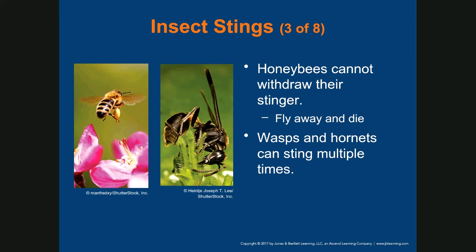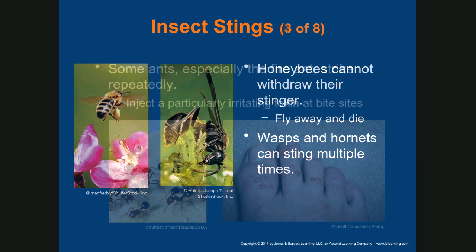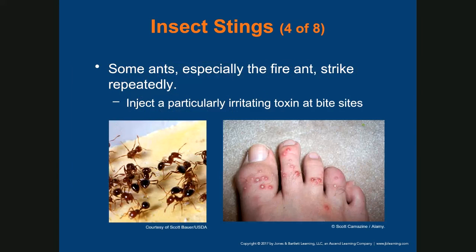Honeybees cannot withdraw their stinger, so they fly away and die after they sting you. Wasps and hornets can sting multiple times. Some ants, especially fire ants, strike repeatedly and inject a particularly irritating toxin at the bite site.